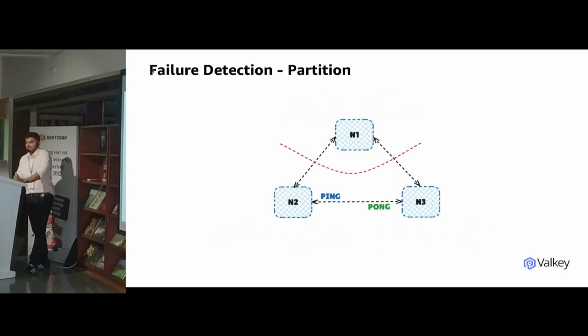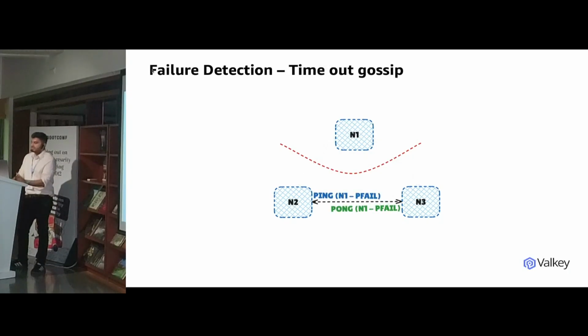But let's take an example where there is some actual issue happening to the node and how we deal with it. So over here, I have created a partition where node N1 is no longer reachable to node N2 and N3. So like I mentioned, first Valkey would try to disconnect and try to reconnect. In this case, the node reconnection doesn't work.